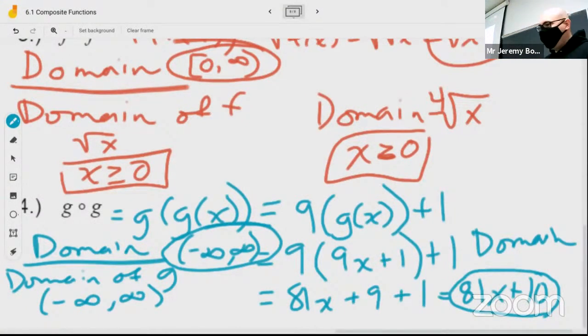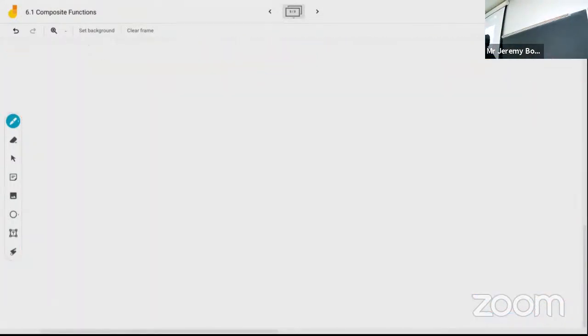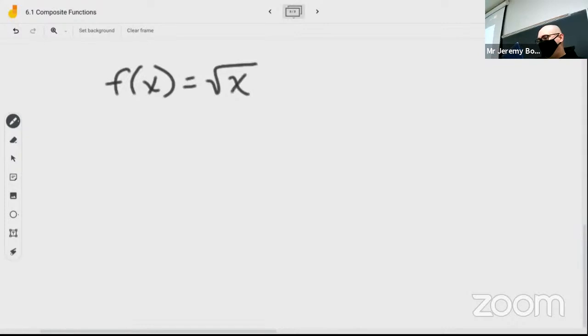Nope. I do have one kind of what if. So, what if you have a function f and that's the square root of x? And when you do f composed with g, actually wrong way, g composed with f is what I want.